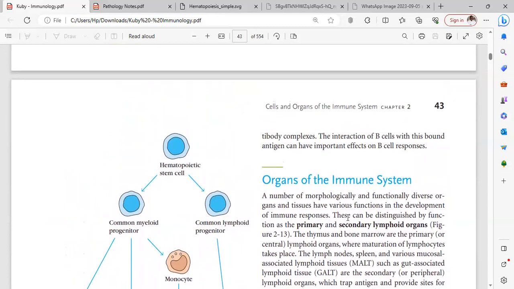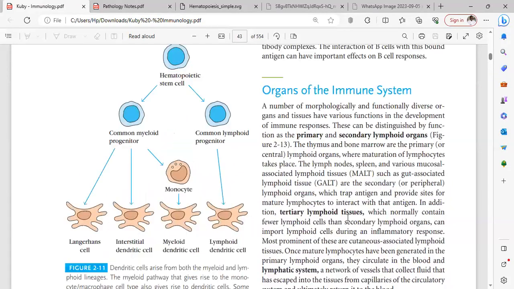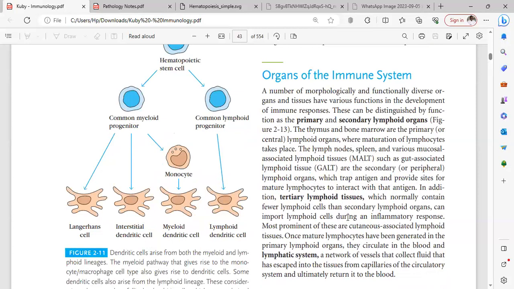We have the Langhans, the interstitial, the myeloid, and the lymphoid dendritic cells. So we have 4 categories of dendritic cells: the Langhans, interstitial dendritic cell, the myeloid dendritic cell, and the lymphoid dendritic cells.